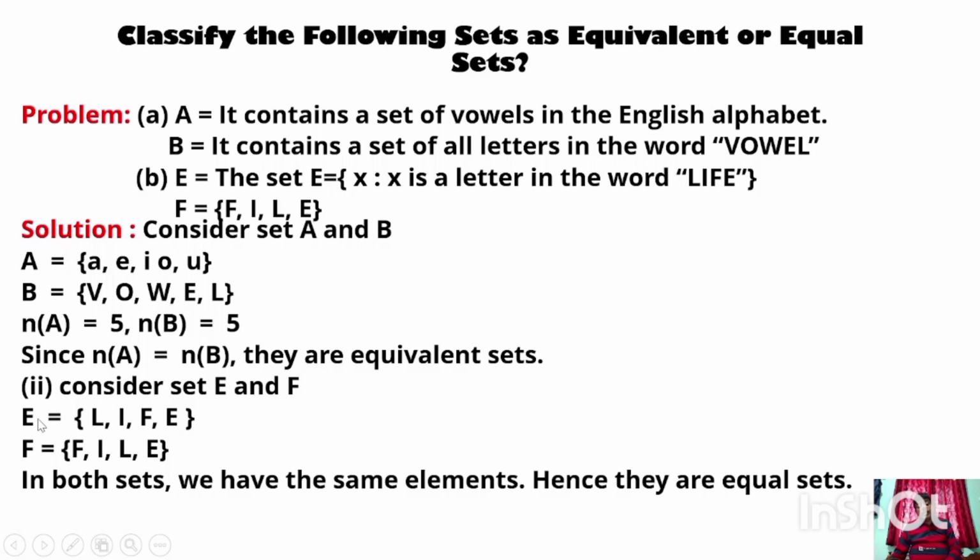All elements of the sets E and F are the same. Because the element L is an element of the set E and also an element of the set F. And I is an element of the set E, also an element of the set F. And F belongs to E, also F belongs to F. So they are equal sets as well as equivalent sets.